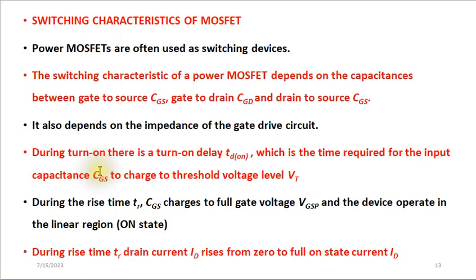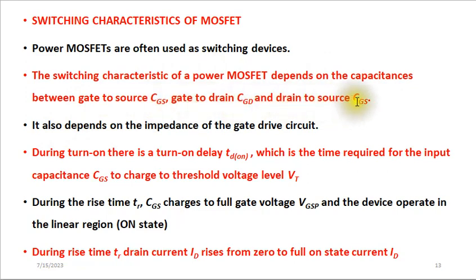So if we go back here, what are the factors that determine the delay during charging, the rise time, the fall time, and so on? The factors that determine those are the capacitances connected between the gate and the source, or between the drain and the source.